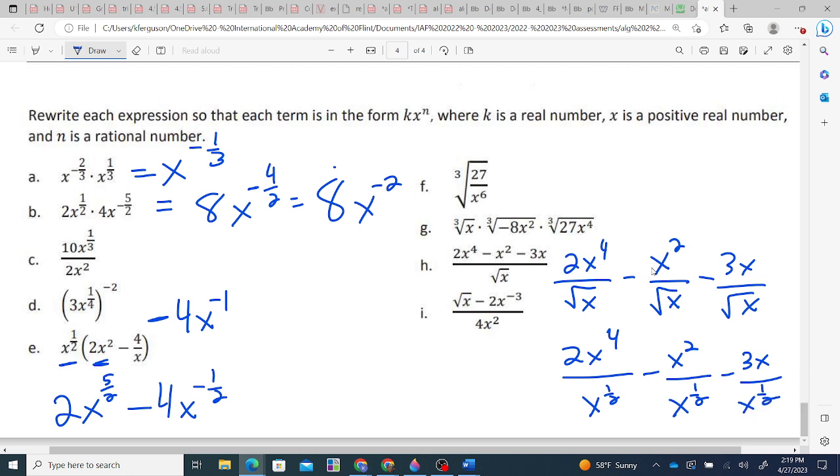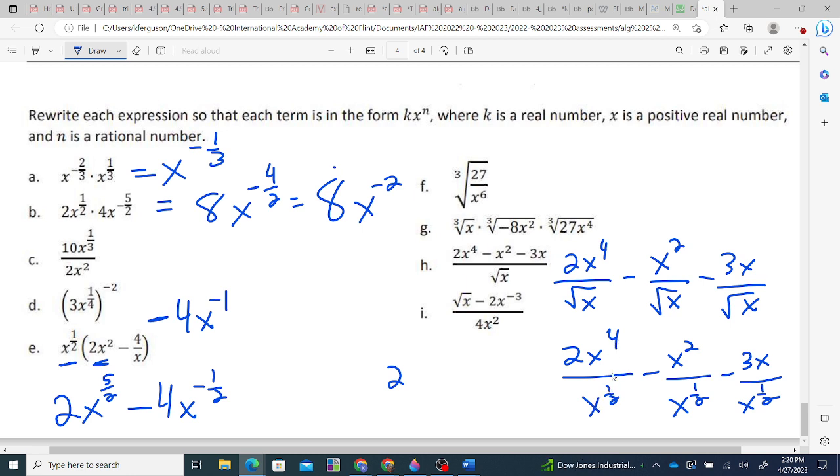Oops, I ran out of room. So now I just deal with each of these pieces individually. When I divide with the same base, what do I do to my exponents? I subtract. So I'm going to have 2 times x to the 4th divided by x to the 1/2.